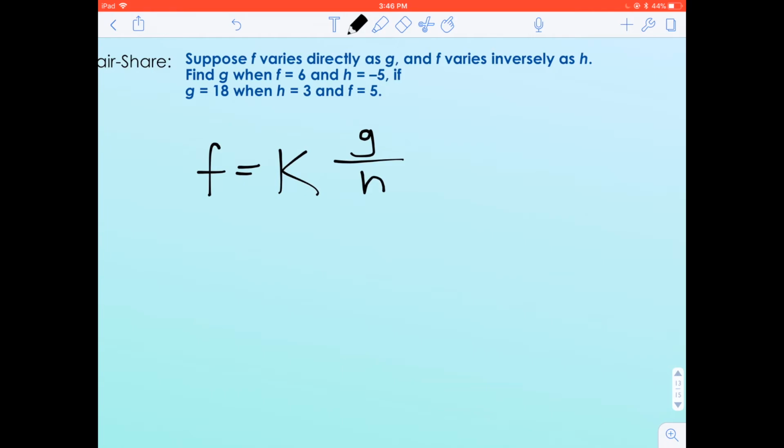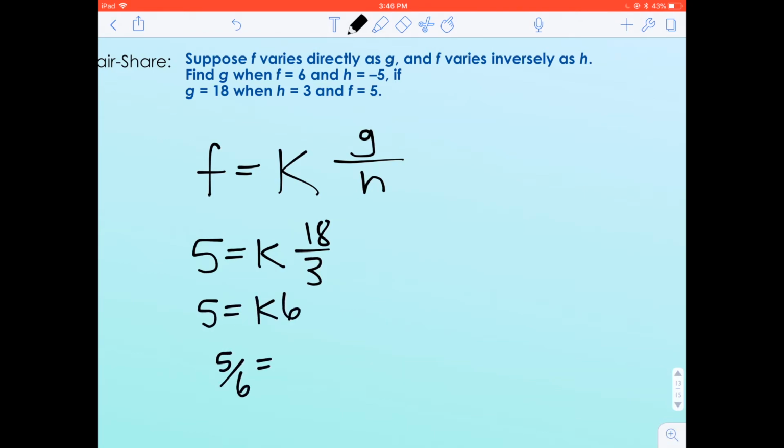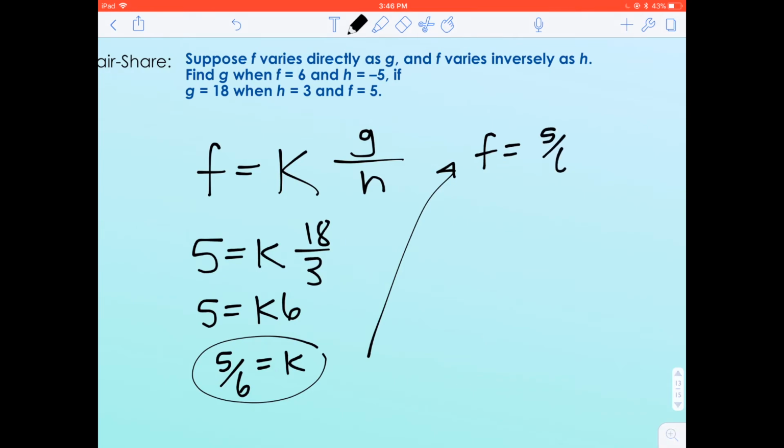So we have g equals 18 when h equals 3 and f equals 5. So we have 5 equals k times 18 over 3. So we have 5 equals k times 6. So 5 over 6 equals k. So we can rewrite our equation as f equals 5 over 6 times g over h.